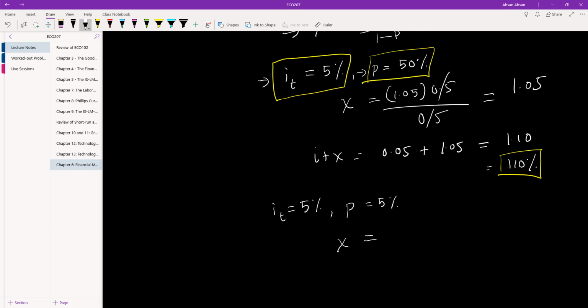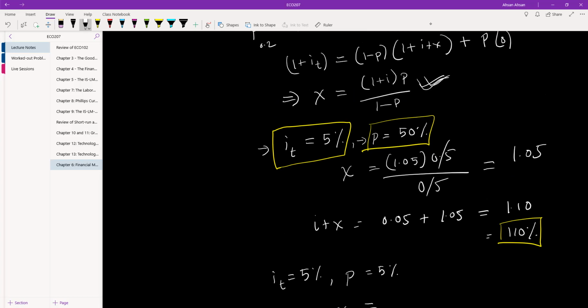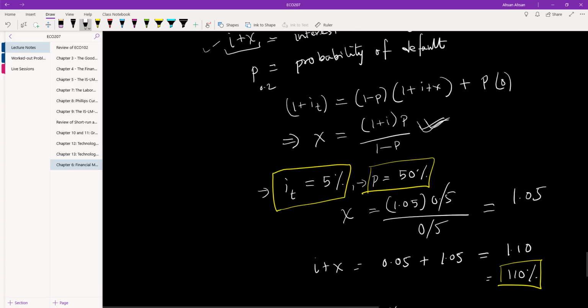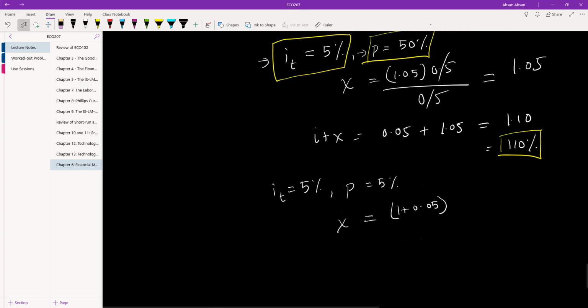So once again, we go back to this equation. So 1 plus 0.05, times P. So P is 0.05, divided by 1 minus P, so 0.95. And this will be equal to, I'm just going to get my calculator out.